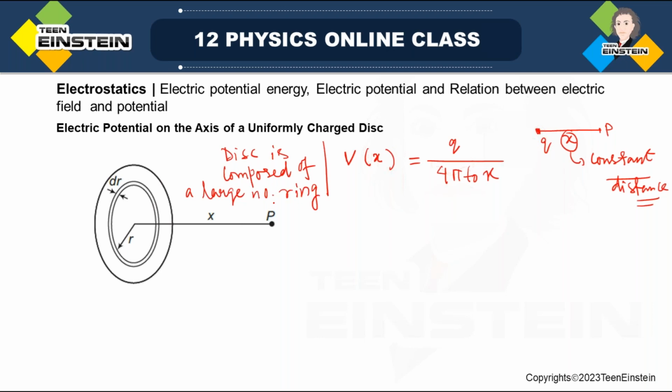This is a very common, fundamental idea for getting a disk out of a ring, because we will be discussing this while calculating center of mass, moment of inertia, electric field or potential. In each case, the disk is composed of a large number of rings, and a disk is solid matter, so it has matter everywhere, from r equal to 0 to the whole.